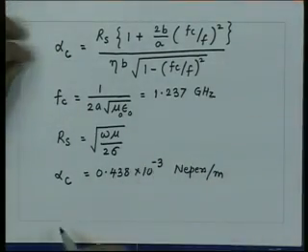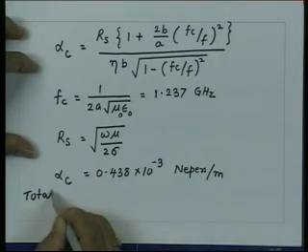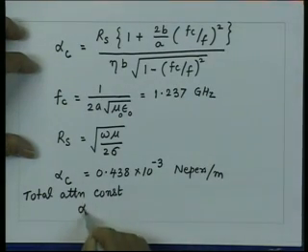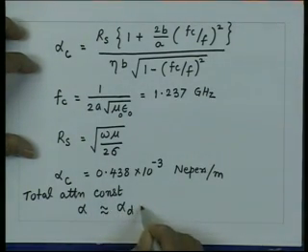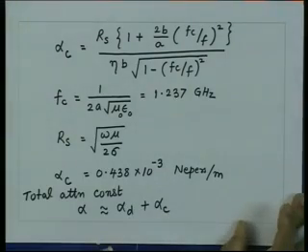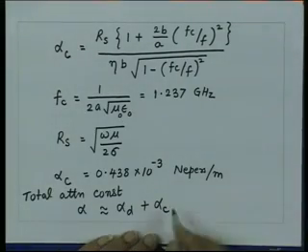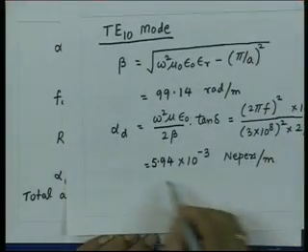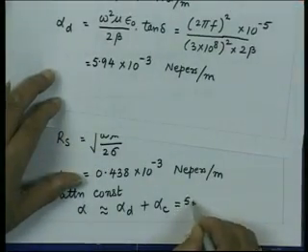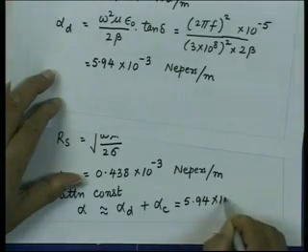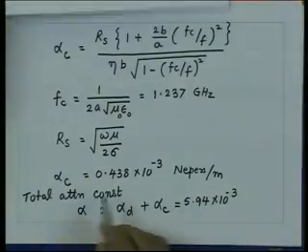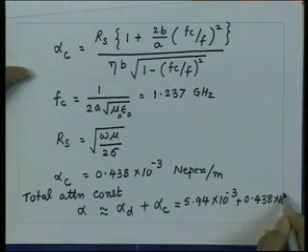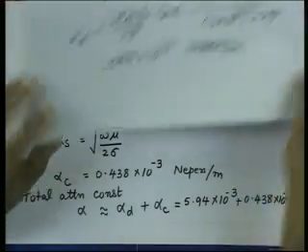Then, since the losses are small, the total attenuation constant alpha is approximately equal to alpha d plus alpha c, and that will be equal to the attenuation because of dielectric, which is 5.94 into 10 to the power minus 3, plus 0.438 into 10 to the power minus 3 Nepers per meter.